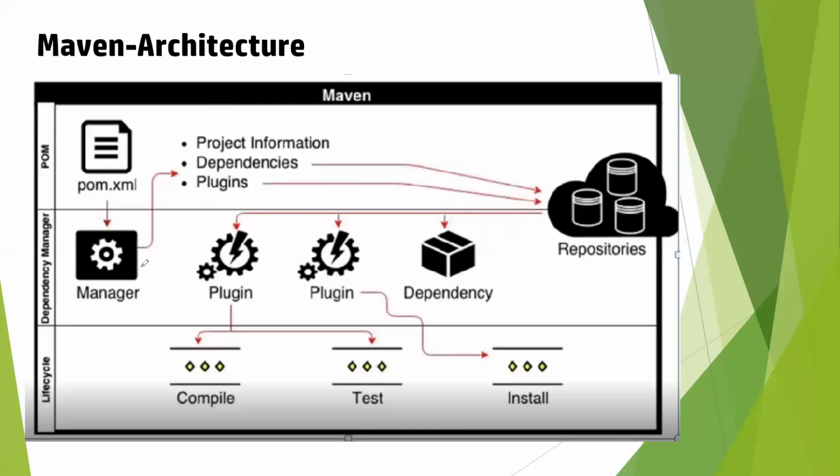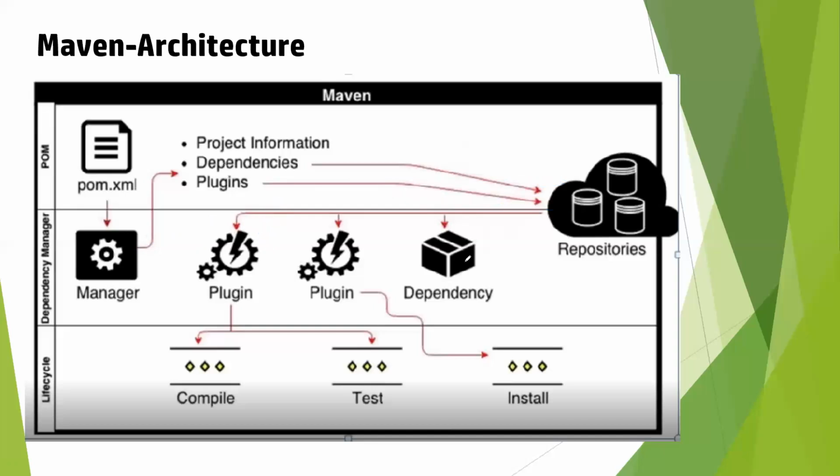So what happens? This manager will check first locally. If it is available here locally, then it will not bother much, right? If not, it will go to the remote repository and it will download the plugins. That's what it is showing, the red color one.